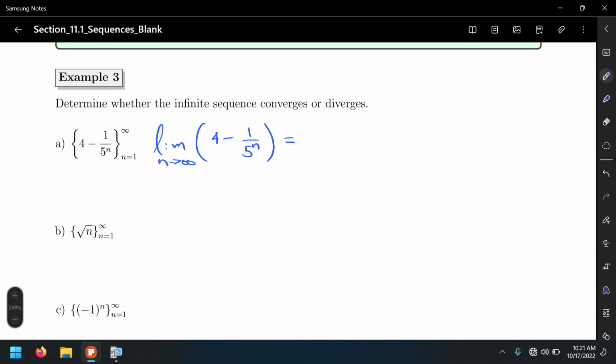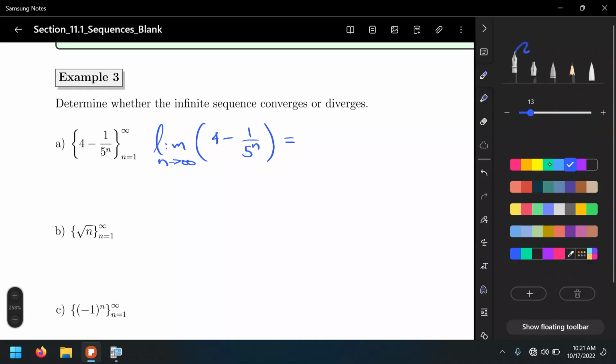To evaluate this limit, we need to determine where this term is going to. This one goes to 0, right? Now that we computed the limit, we no longer write the limit symbol, just the numbers we were left with: 4 minus 0, which is 4. All right.